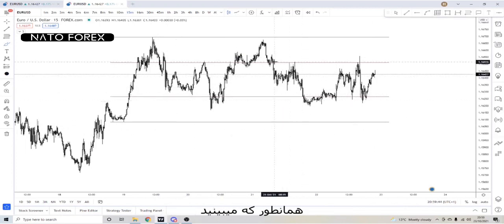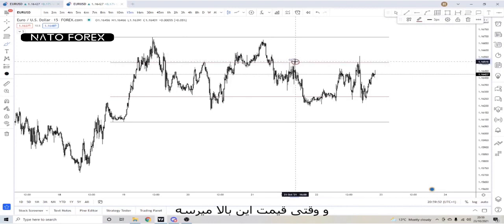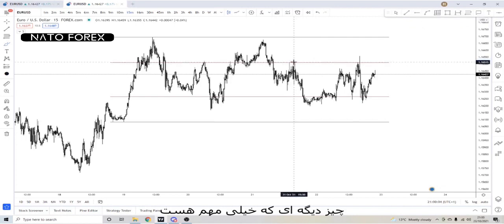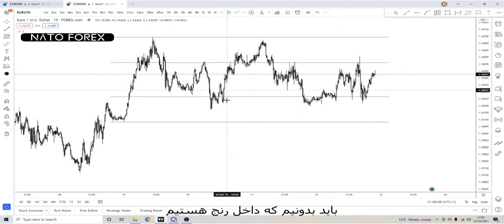And obviously, once we identify this here, we can see that we have price comes up into here. We can then start looking as prices come up into here, if we get some sort of lower time frame confirmation, we want to be shorting. And it's also super important to manage these trades, understanding that we are in a range.